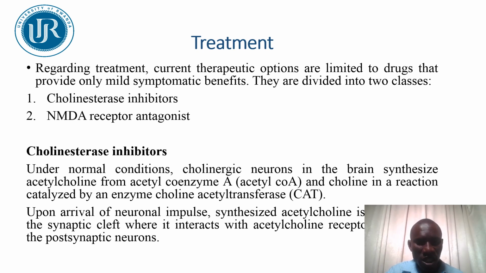Under normal conditions, cholinergic neurons in the brain synthesize acetylcholine from acetyl coenzyme A and choline in a reaction catalyzed by an enzyme called choline acetyltransferase. Upon arrival of a neuronal impulse, synthesized acetylcholine present in the synaptic cleft acts on receptors to bring about actions.